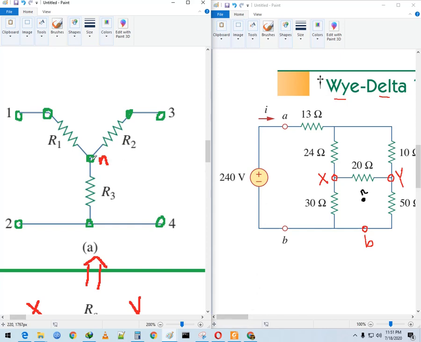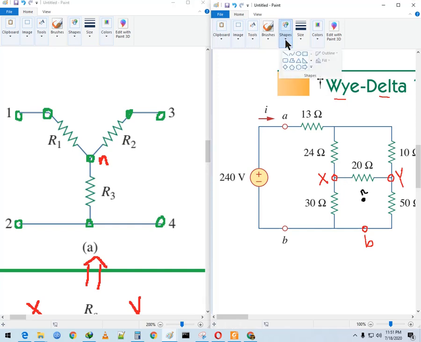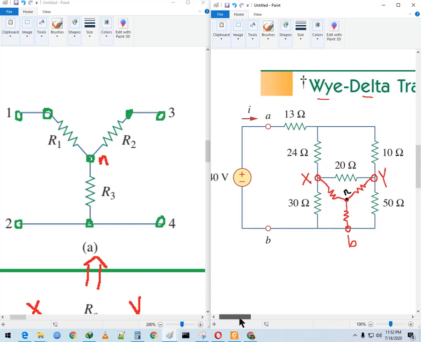From this neutral point you have one resistor to each of the nodes. Here we have these three nodes, X, Y and B. So from the neutral point we should have one resistor to each of the elements: one resistor to Y, one resistor to X and one resistor to B. This is just an example.